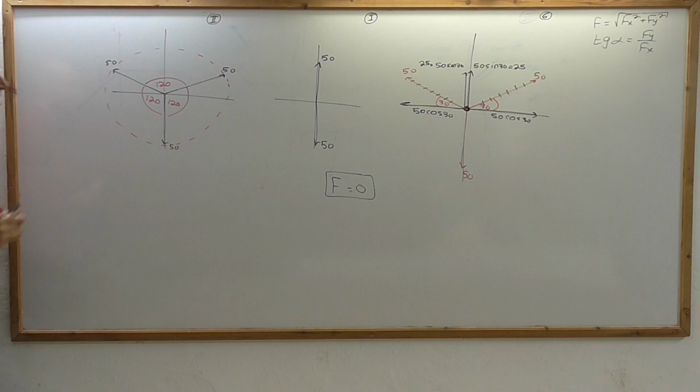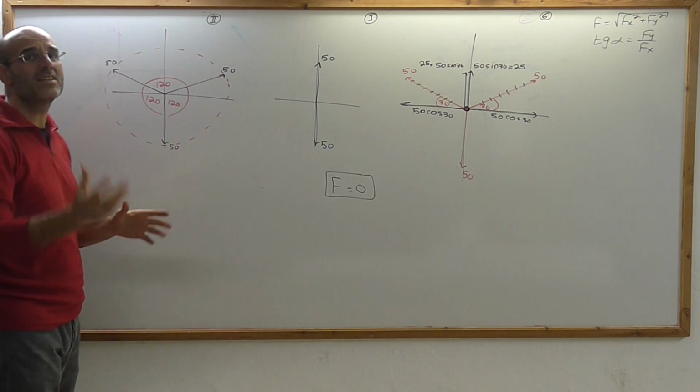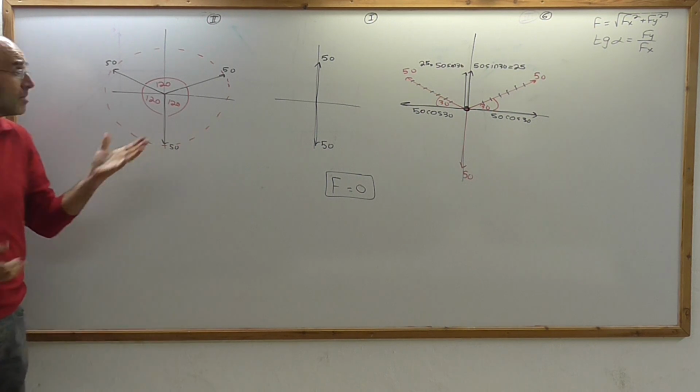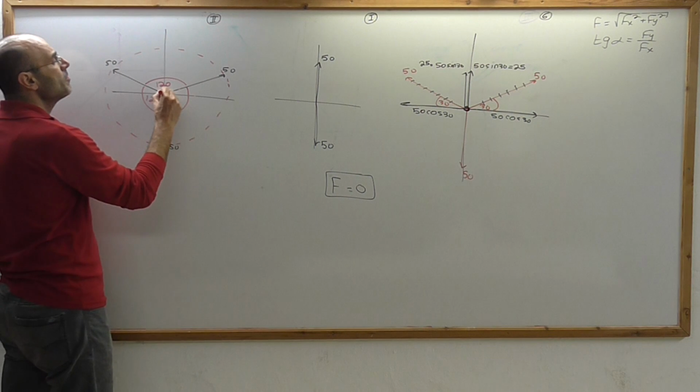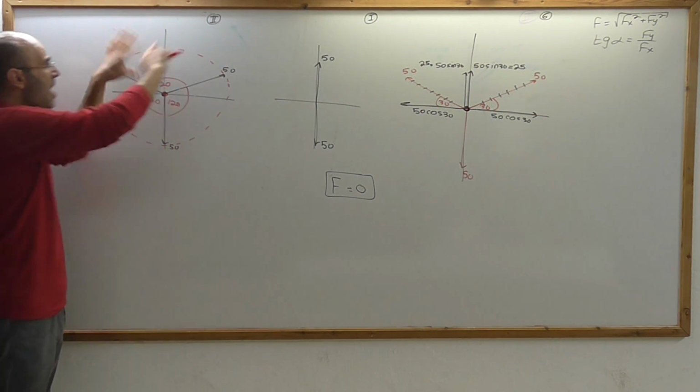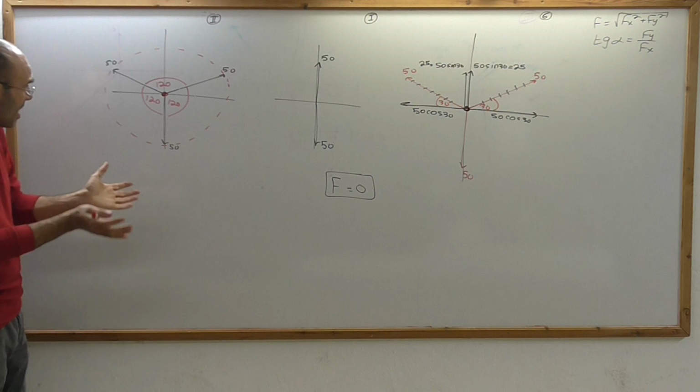close a circle over it, and let's see if one side must be stronger than another side. I see if the ball is here, it's round, symmetrical all the way round.